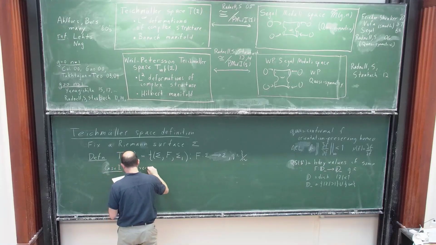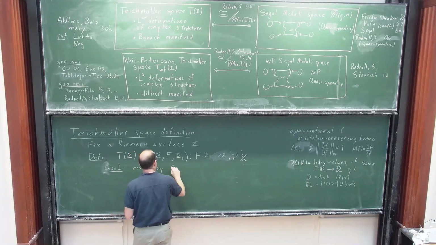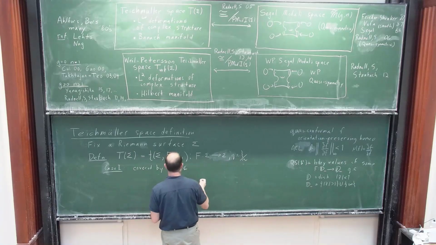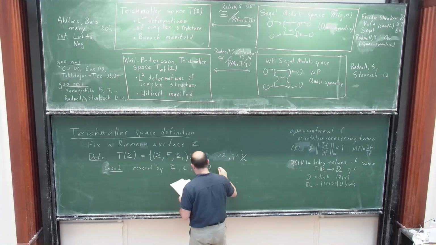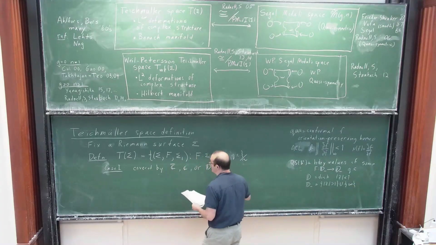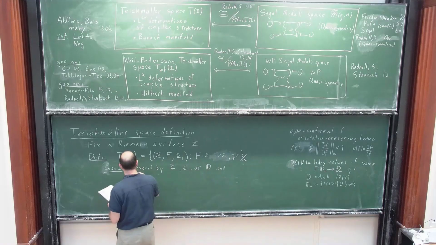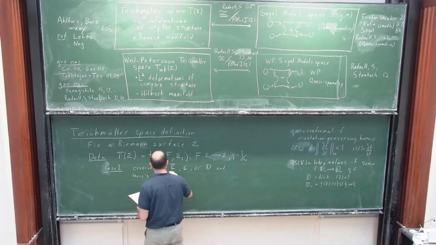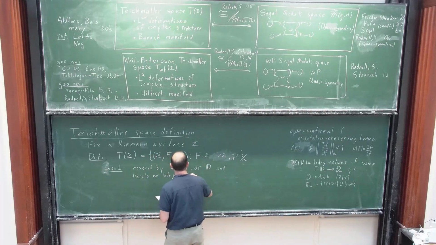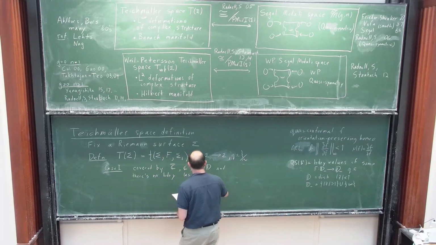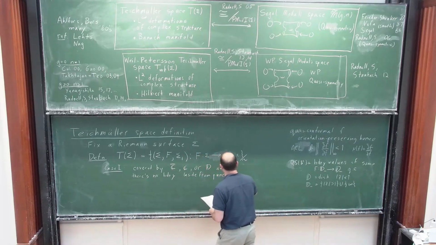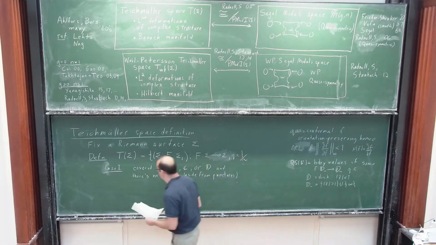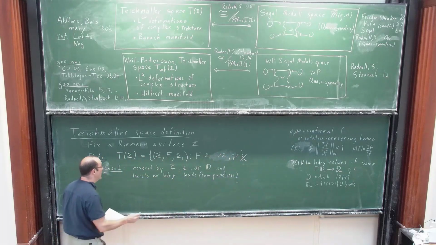So if you're covered by the sphere, in which case you're just a sphere, the plane, or D, and there's no boundary, aside from maybe some punctures. It's not quite right the way I'm saying it, but I think it's the best way to get the intuition.